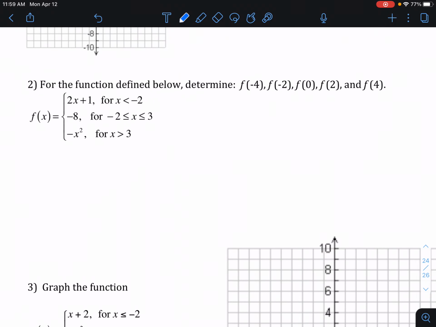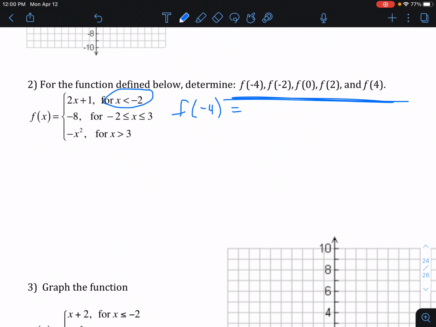Number 2, we have a piecewise function. We want to determine f of negative 4, negative 2, 0, 2, and 4. So there's 5 separate little problems in here. Now the inequalities tell you which functions to choose. Let's start off with f of negative 4. We look at the inequality and ask, is negative 4 less than negative 2?